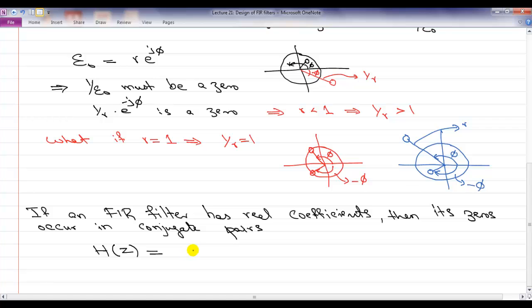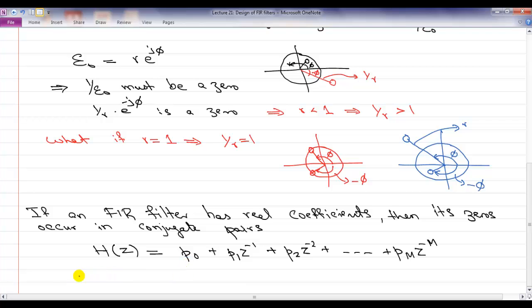So an FIR filter has a Z transform which looks like this, plus p_M z to the minus M. So it's a polynomial with degree M, and now we are saying that the FIR filter has real coefficients, which means that the coefficients of this polynomial are real valued. So the roots of a polynomial with real coefficients always occur in conjugate pairs.